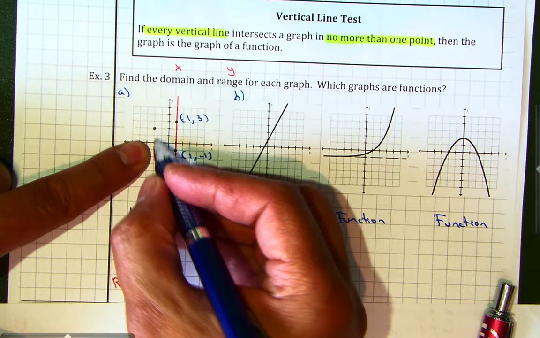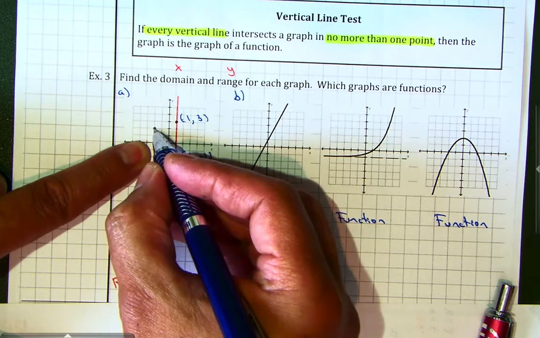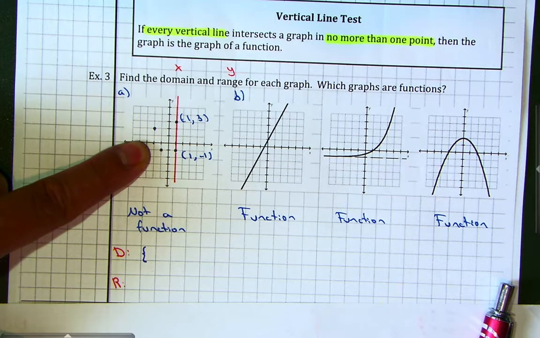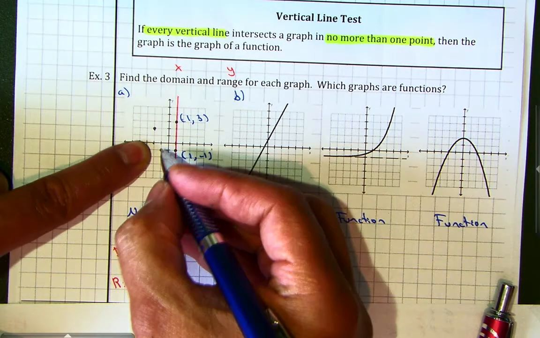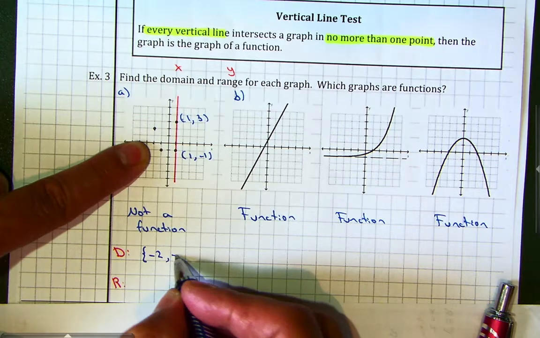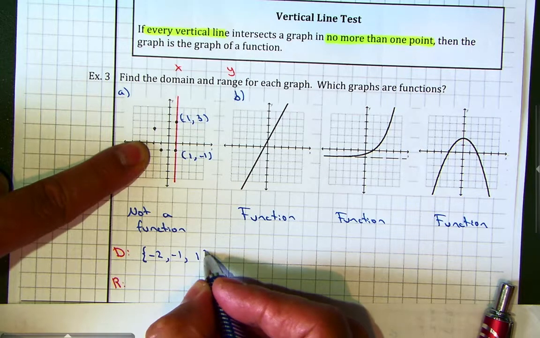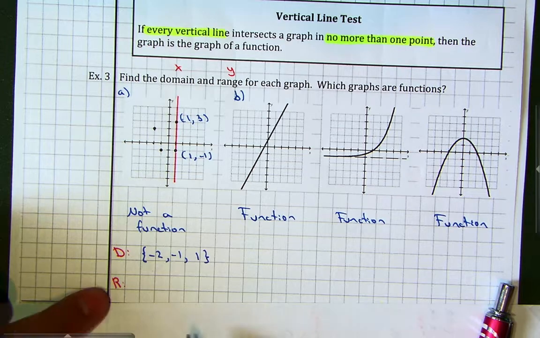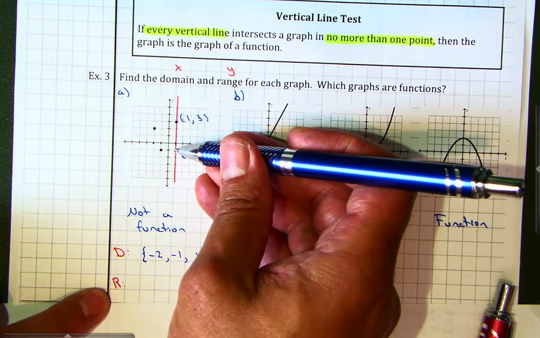So in this case, your x values are just specific values. So your x value for this point is -2, and we're going to place it in set notation, or be from -2, comma, this is -1. Both of those points have a 1, so we're just going to write down 1s. Your range are your y values. So in this case, we're going to start with the smallest one, which is -1.